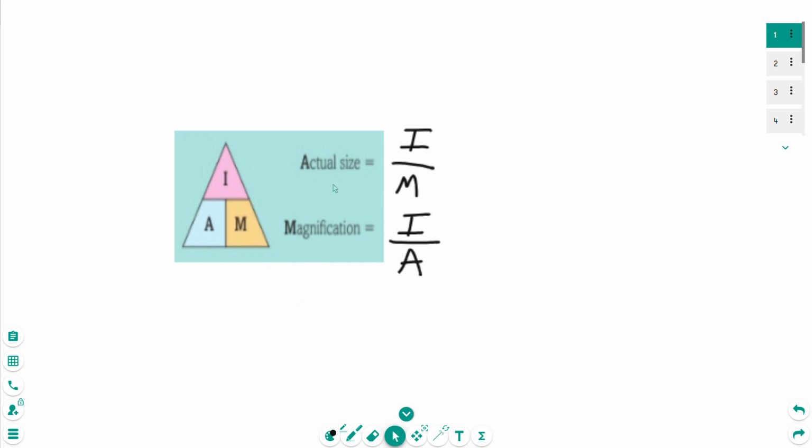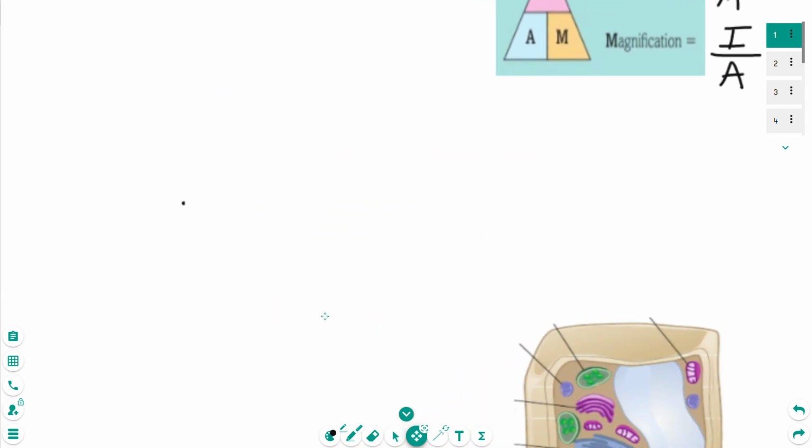So there we go. Actual size is image size over magnification. Magnification is image size over actual size. And that's pretty much all you need to know from there.